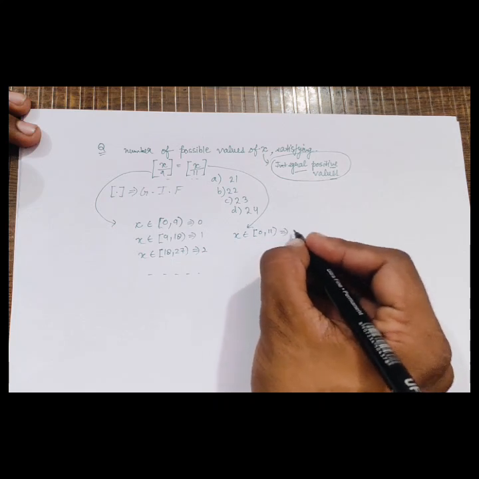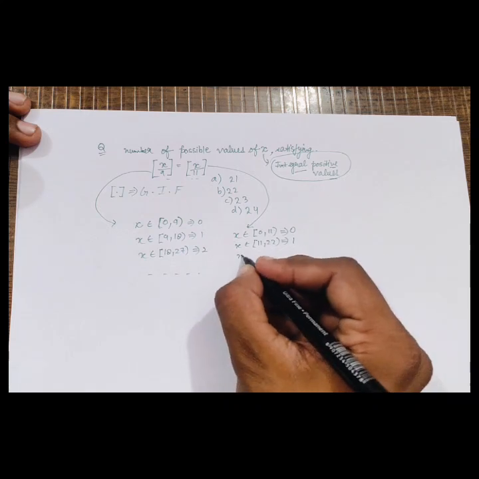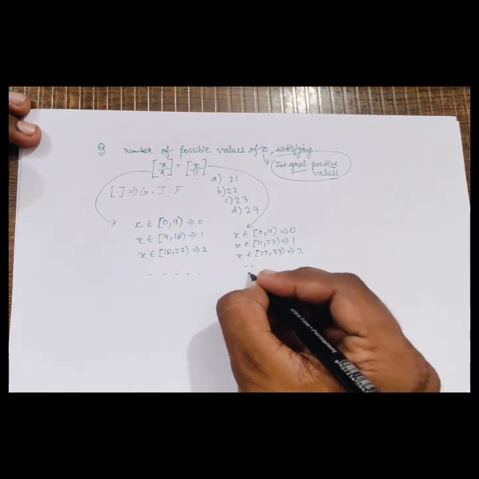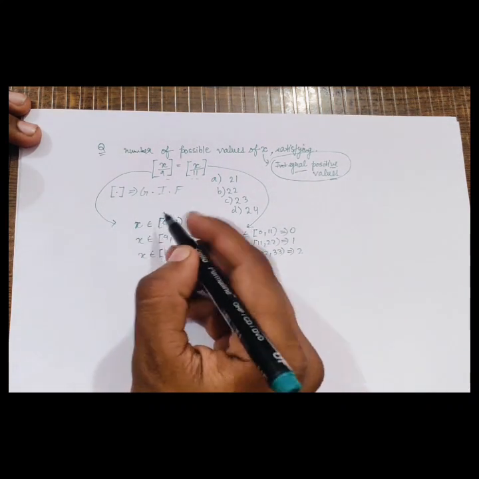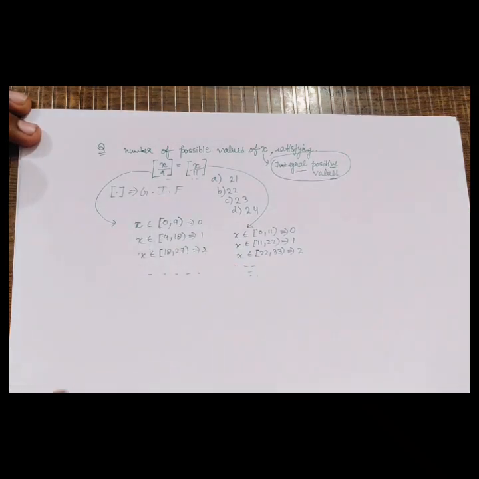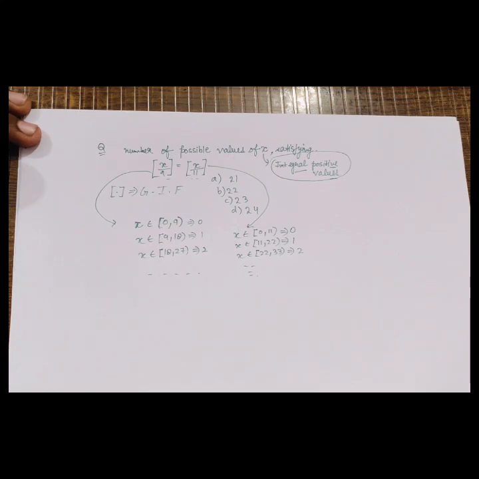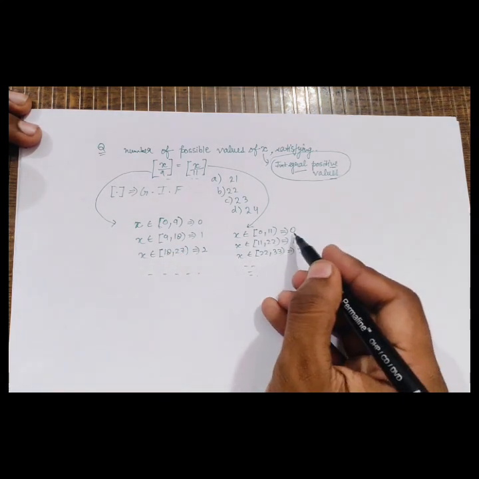I check similarly for each interval, and what is asked in this question is the common intervals of x at which these two functions give equal values. So I have to find the common part of that.